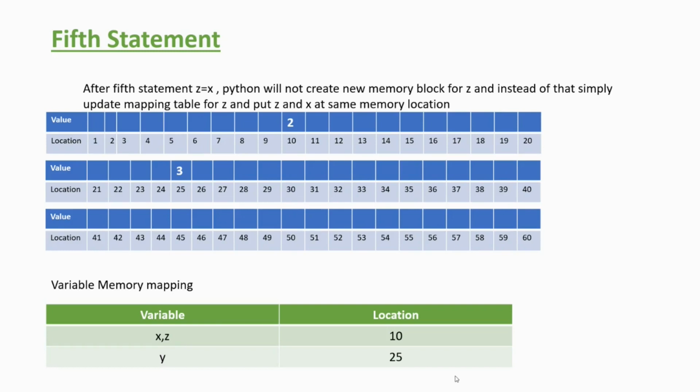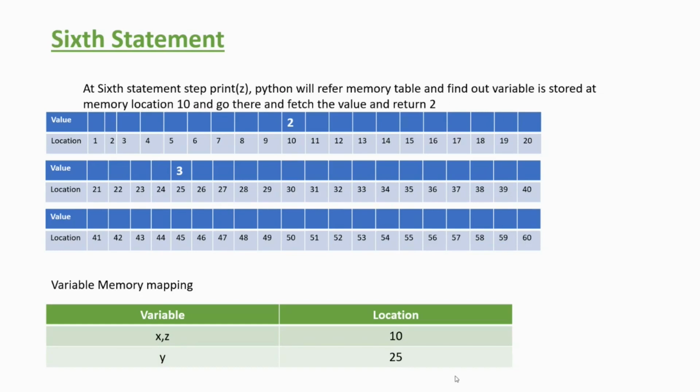In the table, variables x and z are stored at location number 10, because x and z have the same value now. When we execute the sixth statement, Python will find that both variables x and z are at the same location 10, fetch the value 2 from the memory, and print it on the console.